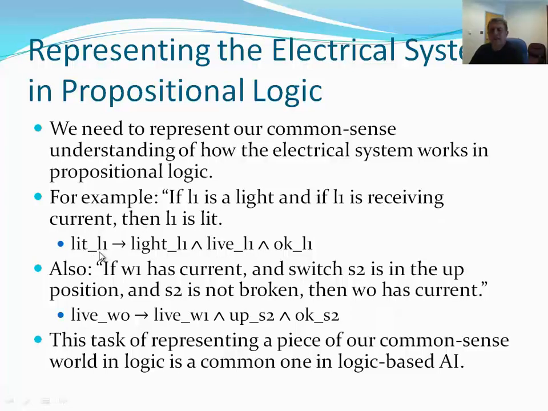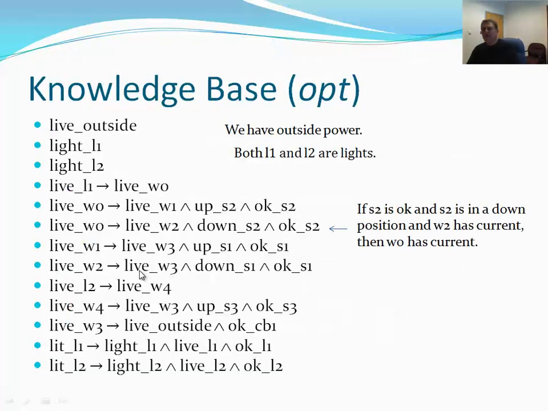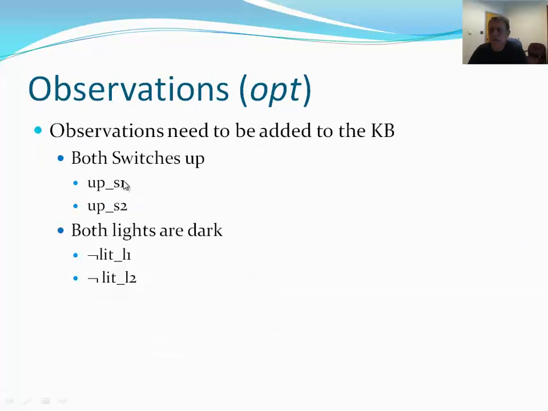So we say lit_L1 if light_L1 and live_L1 and OK_L1. Also, if W1 has current and switch S2 is in the up position and S2 is not broken, then who has current? And we go through this one. So these are the knowledge base of some electrical systems, which I'm not interested in for you at this point.